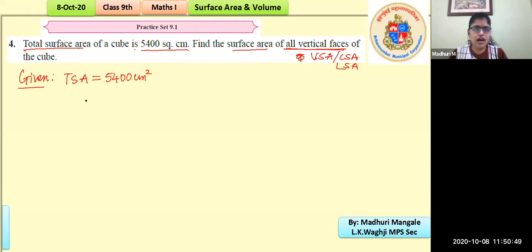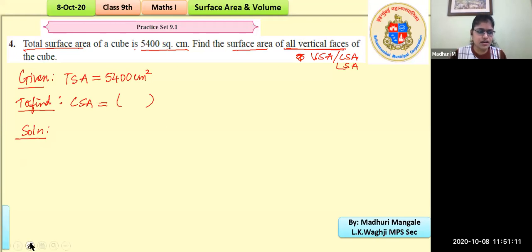That is, we are asked to find, now this is a tricky question, okay, the curved surface area. Okay, so let's start with the solution. We can just put up the formula over here. What is the formula of curved surface area? It's a cube. So how many faces come under the curved surface area? 4 sides, right? So the formula is 4 side square.